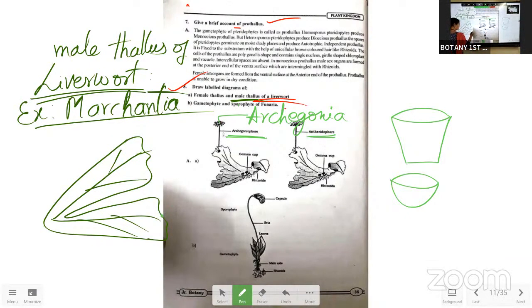So the meristematic cells that are present on the thallus at the midrib start producing an elongated stalk-like structure called the antheridiophore, having the antheridia like this.